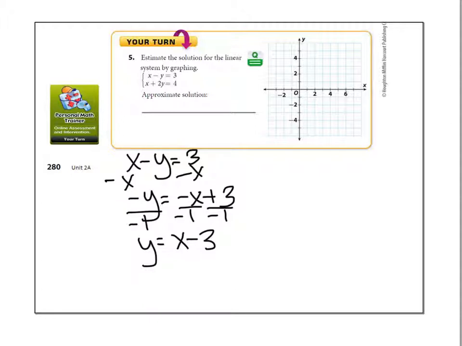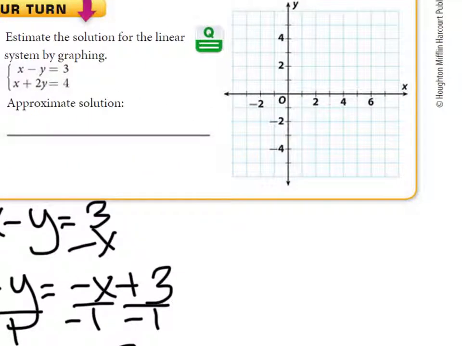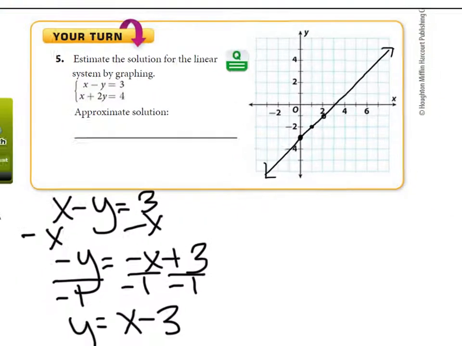So this one, my y-intercept is at -3. And I have a slope of 1, so that means up 1 over 1, up 1 over 1. And draw as straight of a line as possible. So hopefully you got your first line right.